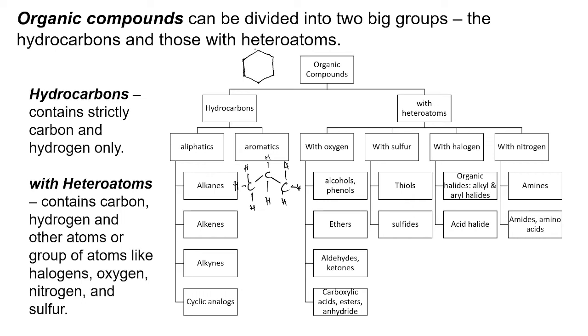Each carbon has one hydrogen, meaning we have a double bond here, and an alternating double bond. So when we encounter hydrocarbons that have this benzene ring, whether it has another chain of aliphatics, the organic compound falls under what we call aromatics.